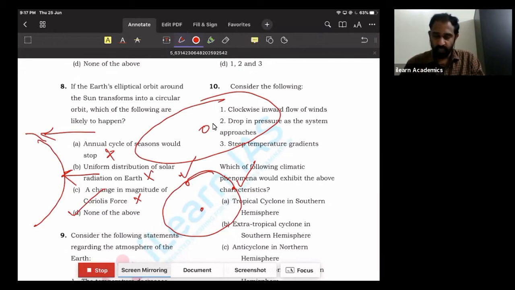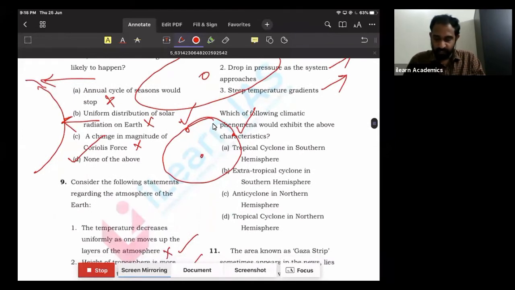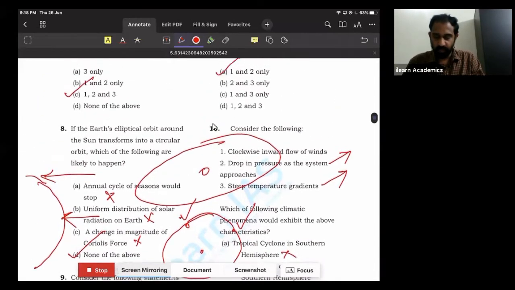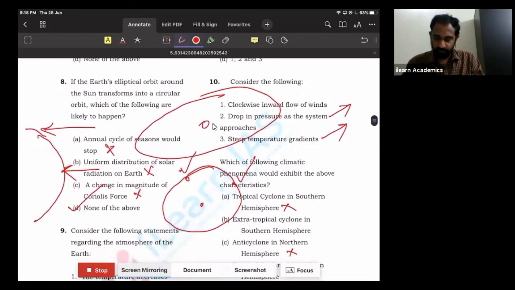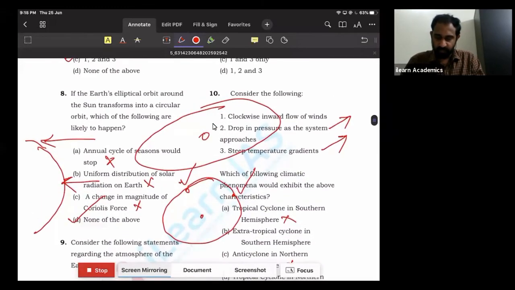Again, continuing, third statement, the steep temperature gradients. Steep temperature gradients are associated with extratropical cyclones. So we are talking about a cyclone, particularly an extratropical cyclone. Now we need to identify the answer from the options.